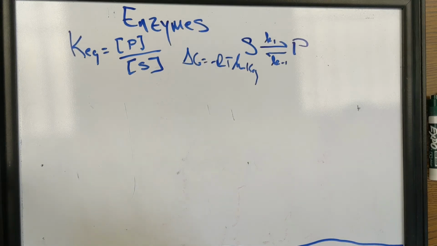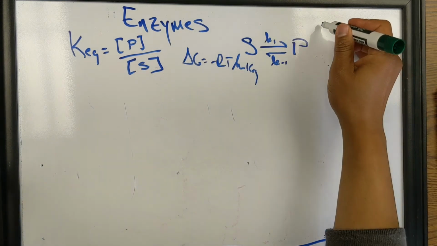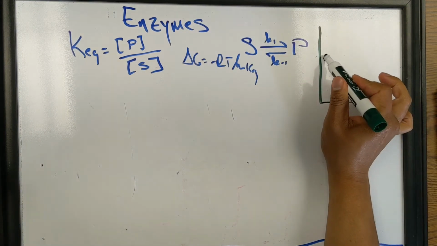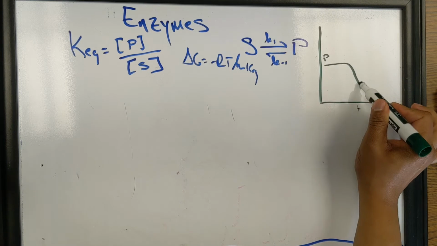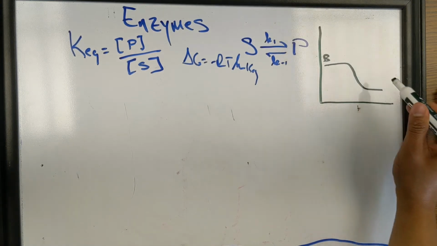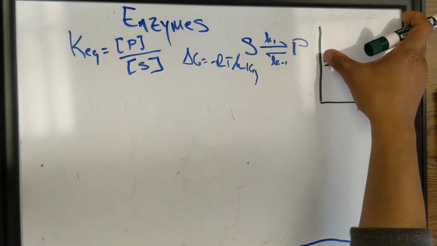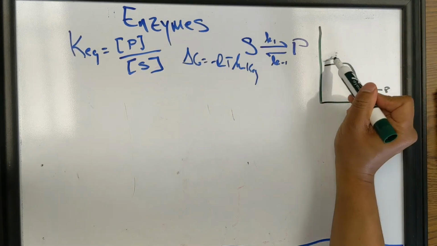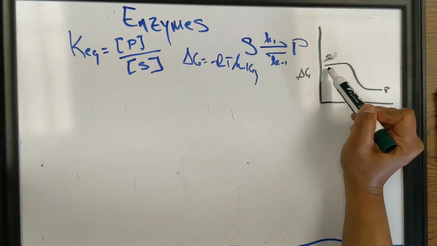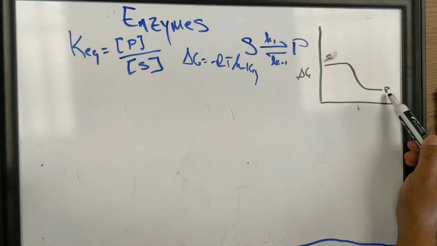And if we go to our good old reaction coordinate plot here, we can look at something like this. This is the S, this is the P. And so we can say that there's a delta G at this level here.